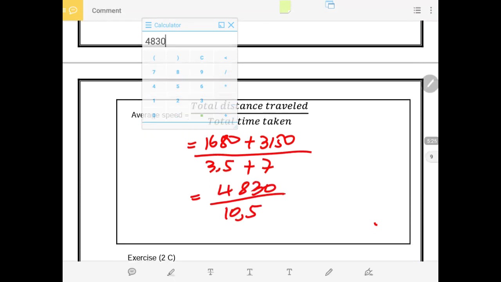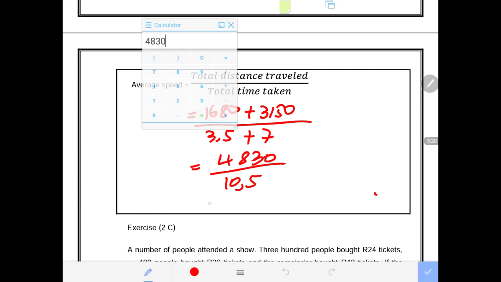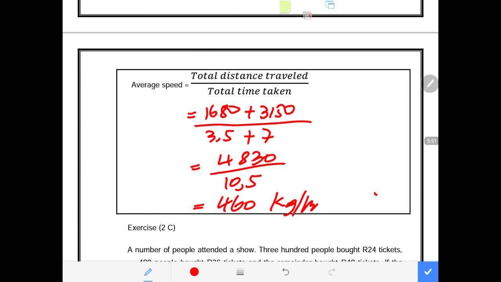The average speed is 4,830 divided by the time it took to travel, which is 10.5. That means the average speed will be 460 kilometers per hour, the average speed to travel the 4,830 distance.